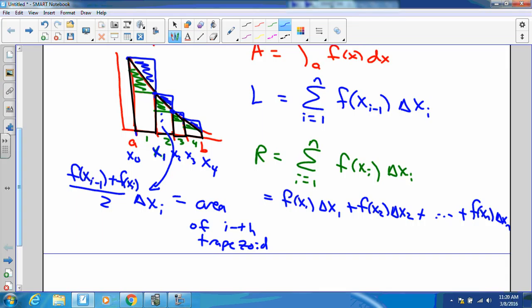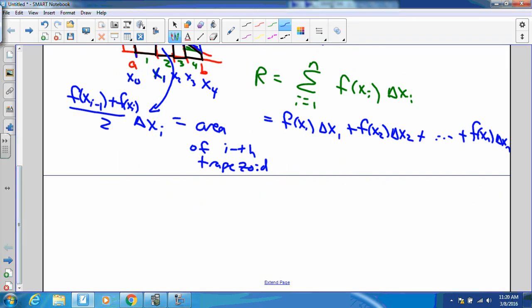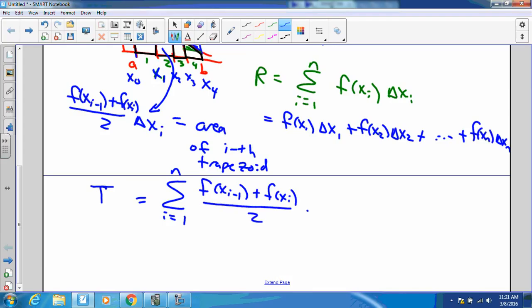And now to get our trapezoidal sum, let's call that T for trapezoidal sum, we can simply add up from i equals 1 to n all of the areas of our trapezoids, just like that.